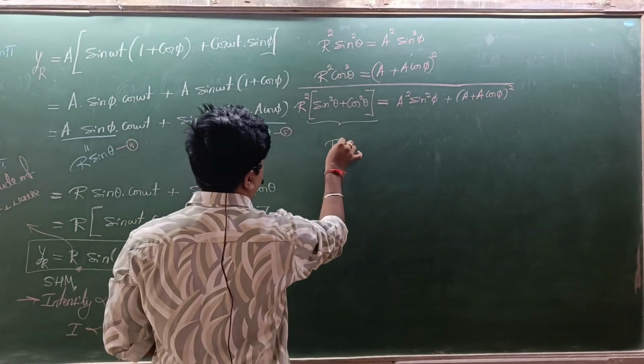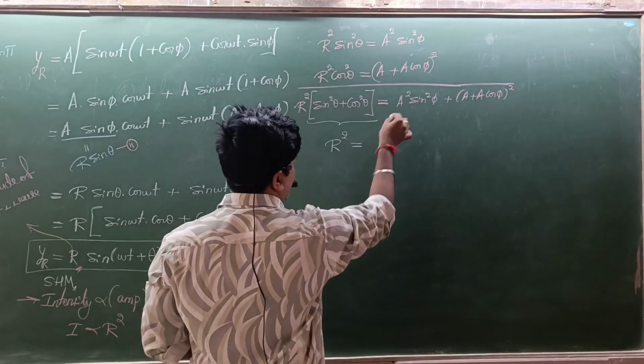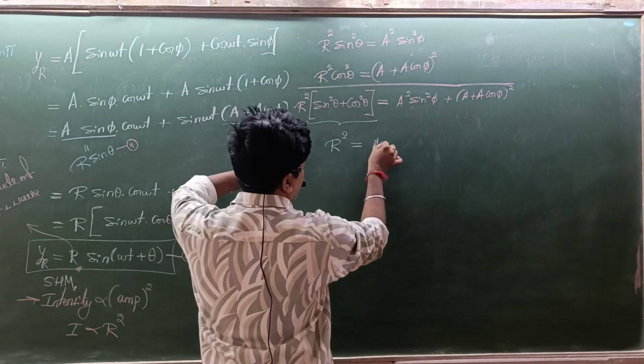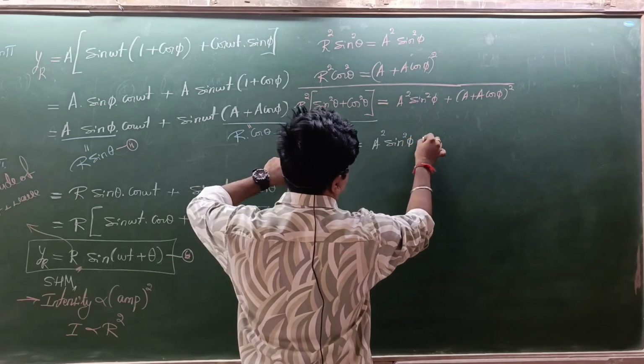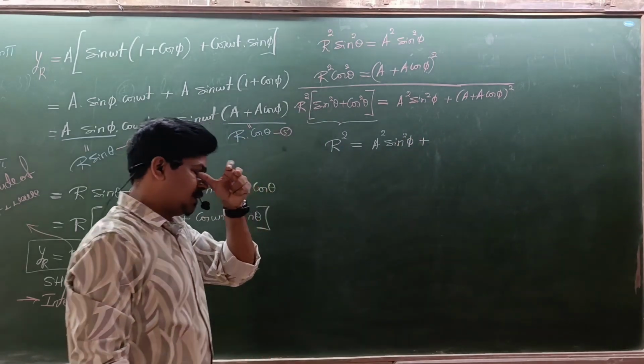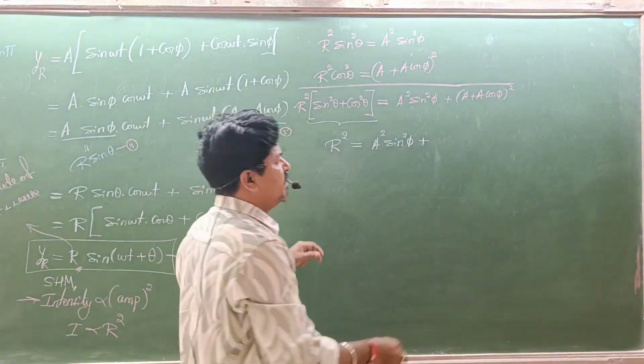Therefore, the resultant wave r square is equal to A square sin square phi, and it is in terms of A plus B whole square, A plus B whole square format.